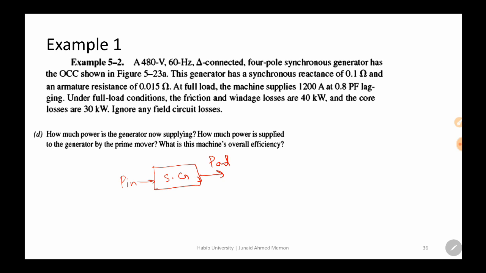We want to find out both these terms. Pout is very easy. In our case, because we have 3-phase windings, it is root 3 V terminal I load times the power factor.